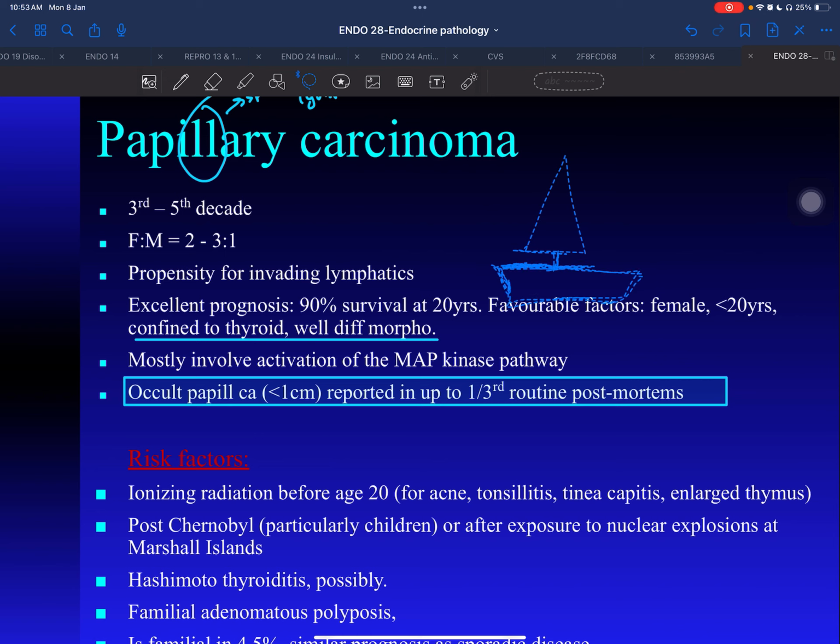Also as a result of post-Chernobyl, particularly in children, or after exposure to nuclear explosions at the Marshall Islands. Post-radiation also, or following Hashimoto thyroiditis, and also in familial adenomatous polyposis, thyroid cancer can develop later. It is familial in about 4.5%, it's genetic, and has a similar prognosis as sporadic disease.